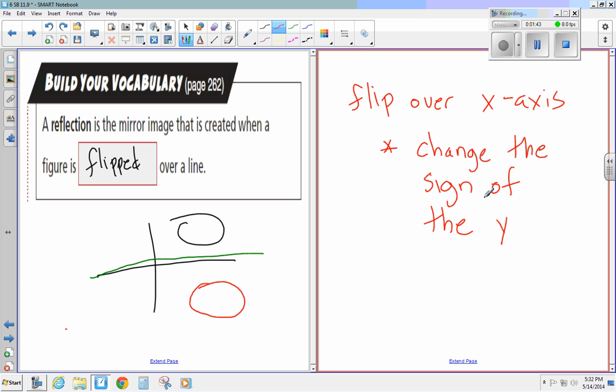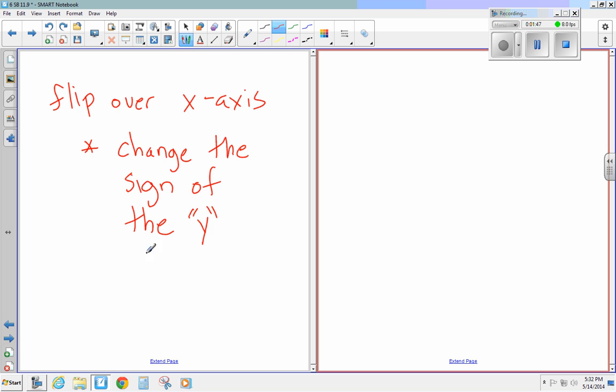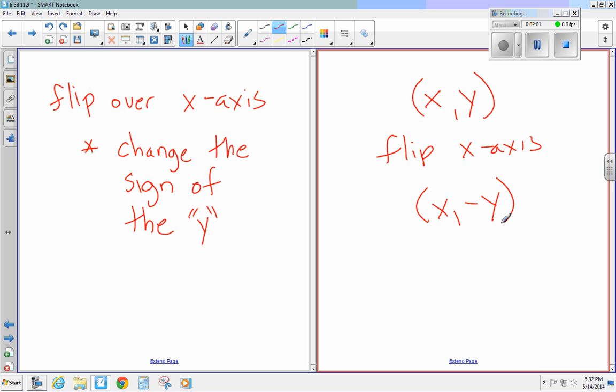You change the sign of the y. What this means is you have an ordered pair x, y. Whatever y is, so flip over the x-axis, you make this x comma negative y. So you change the sign of the y.